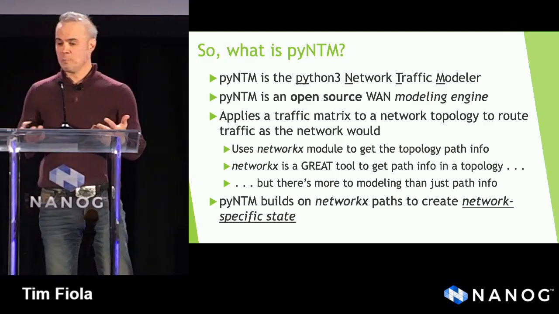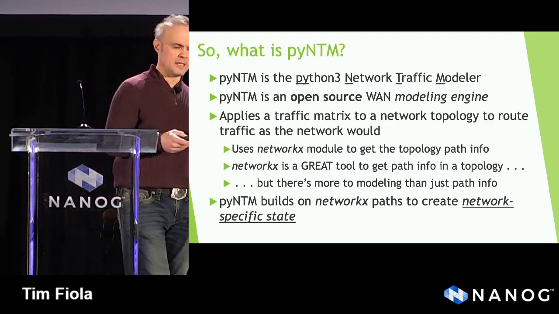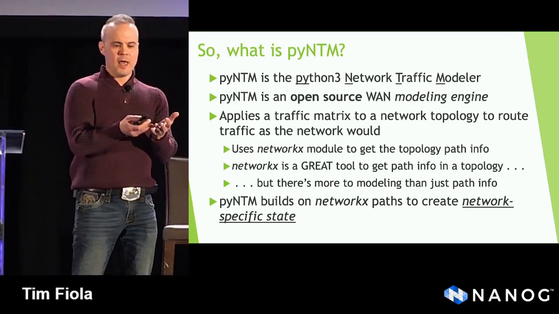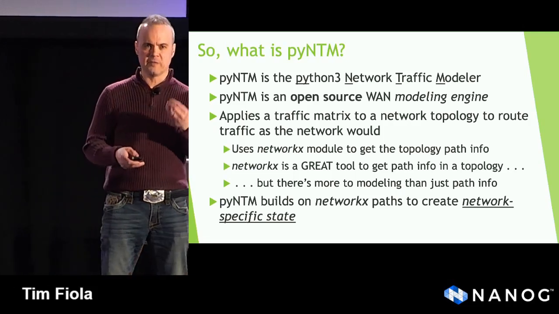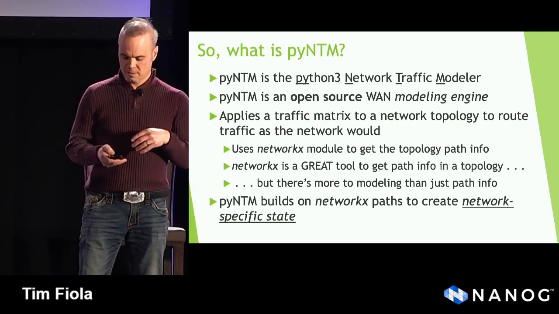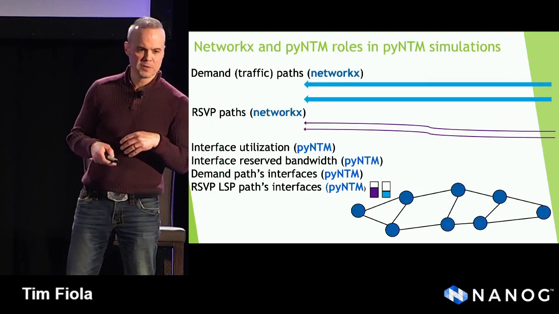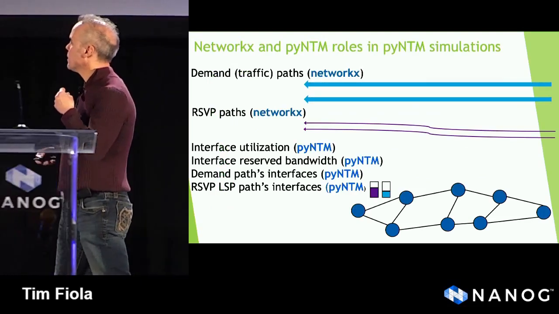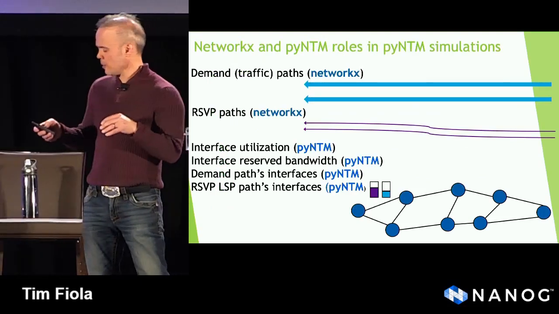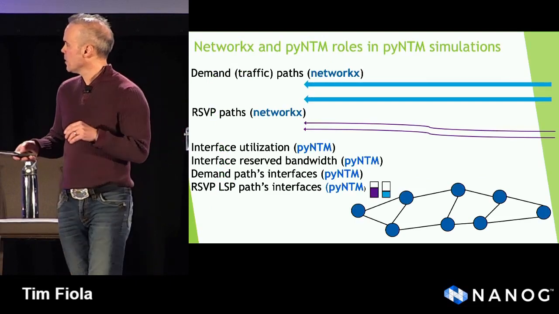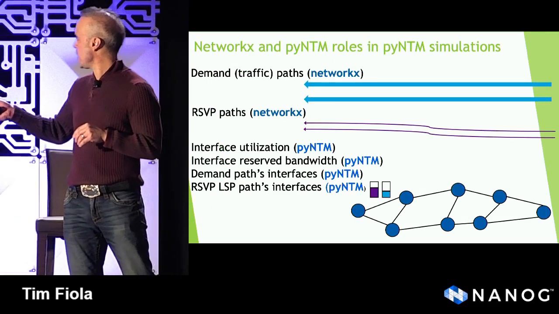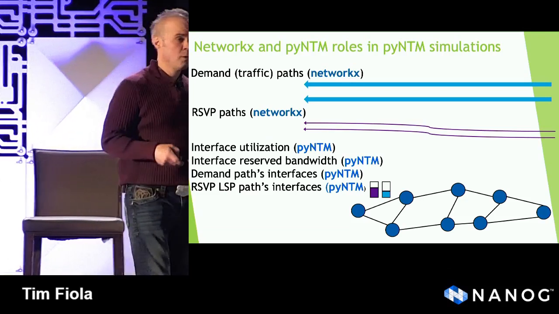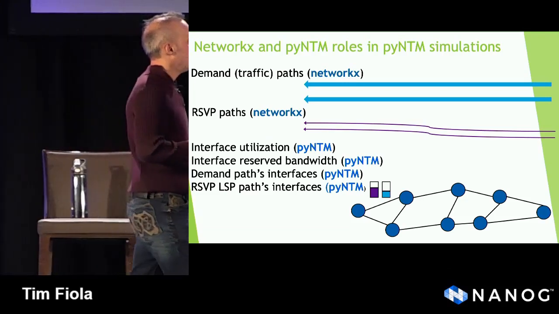But there's more to modeling than just understanding your paths, and we're going to talk about that. What value PyNTM provides is it takes your NetworkX paths and builds infrastructure around them to model a network-specific state. And what does that mean? Let's look at what we've got going on here. In PyNTM, your traffic demand paths and RSVP paths, I get those from NetworkX.